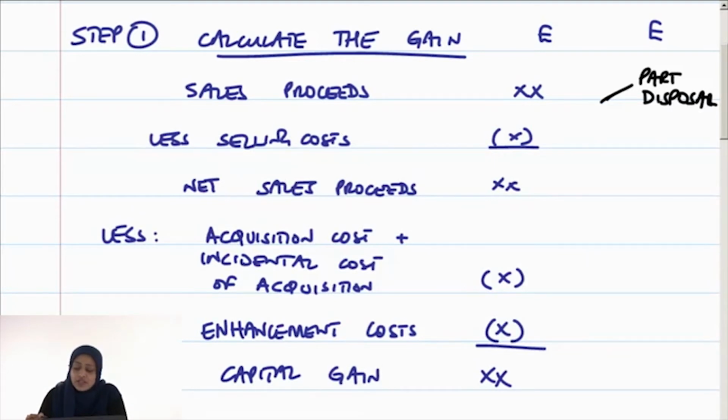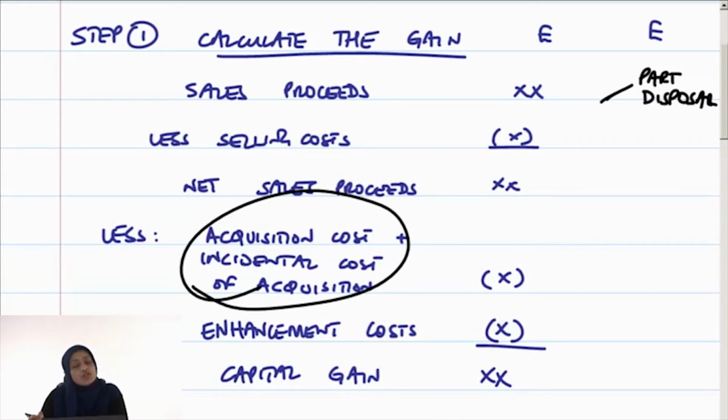The variation that you will get with part disposal is to find out the cost that is attached to the part that we're disposing. In order to find the cost for the part that we're disposing, we use the apportionment method using the market value of the asset as a basis of apportionment. And that is what A divided by A plus B is.